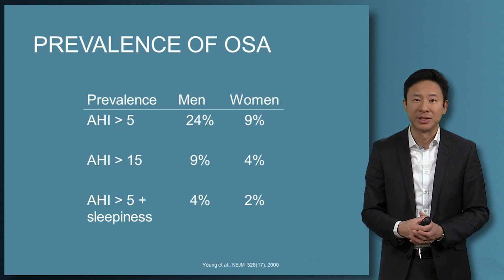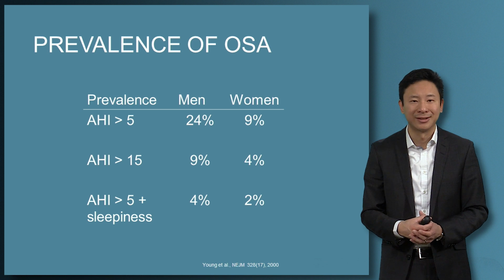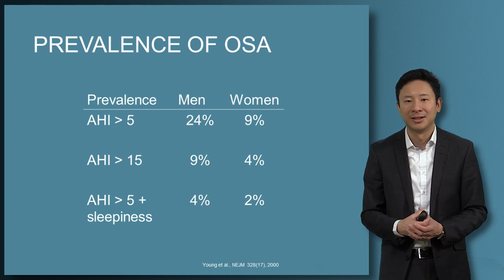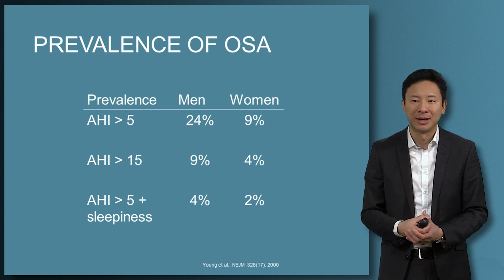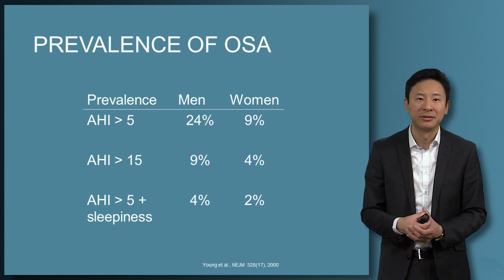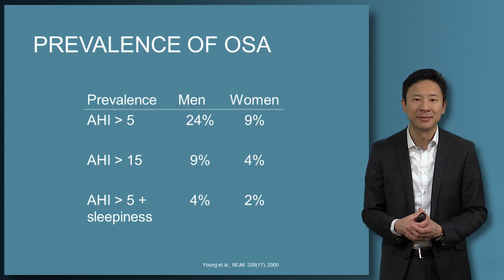In terms of the prevalence of OSA, it is actually a startlingly common condition. We have data from a cohort of patients studied in Wisconsin in the United States in the 1980s. These patients were actually government workers who were screened for obstructive sleep apnea with a sleep study.